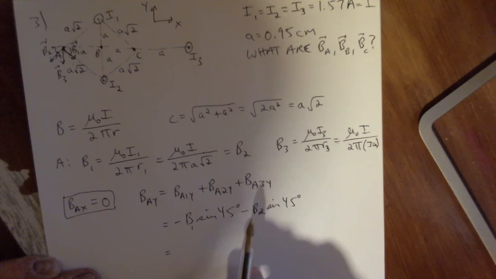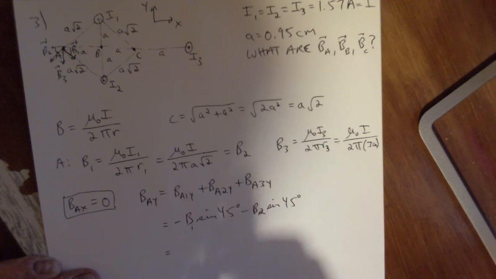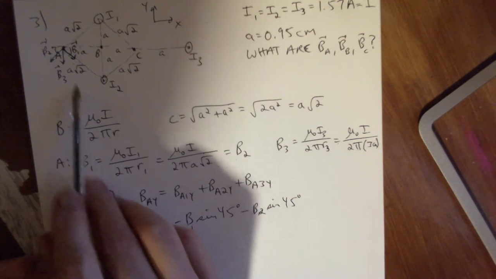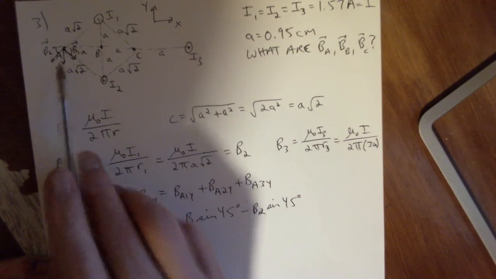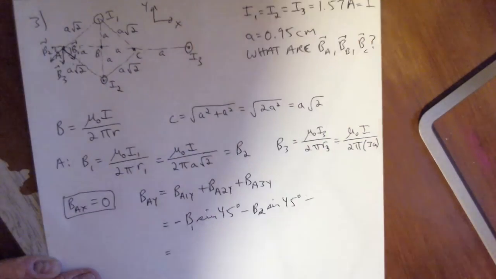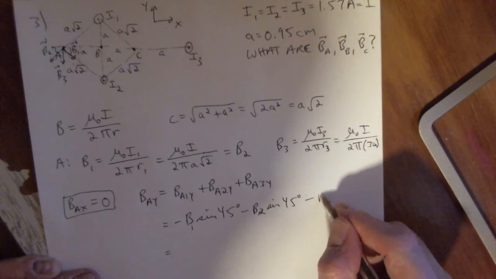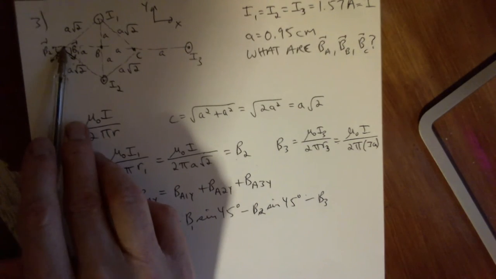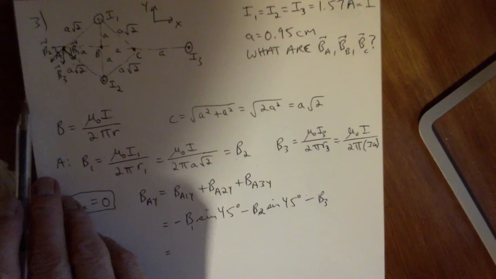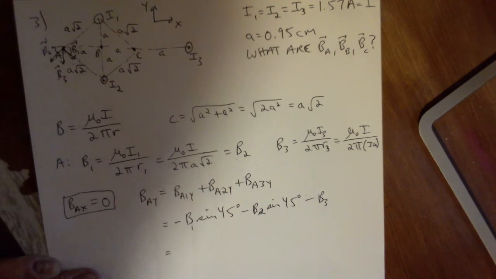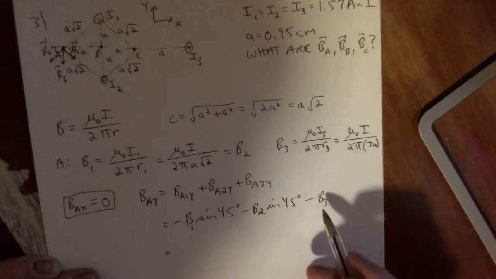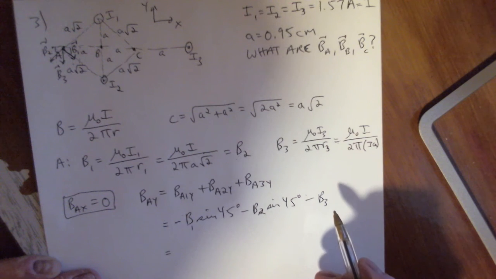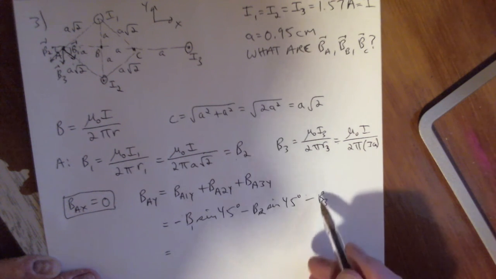And then B3 is down in the minus y direction, so minus the magnitude B3. And there's no cosine or sine because all of it's in the y direction. So it's just all down. So the y component of B3 is minus the magnitude of B3.